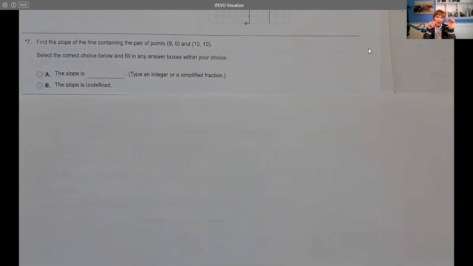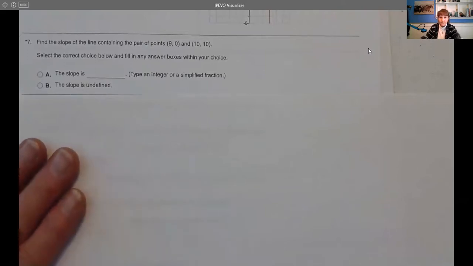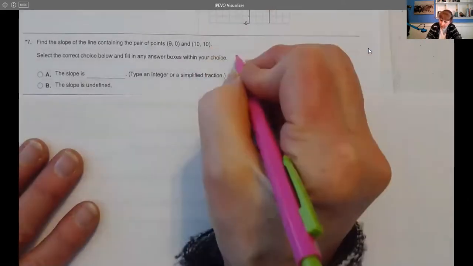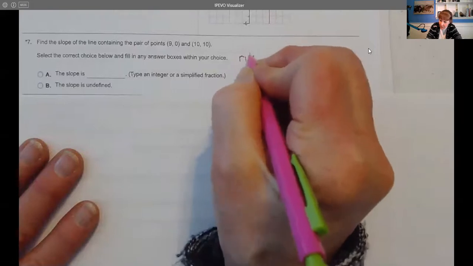The graph is kind of nice. You just count the blocks, the rise over the run. Well, in order to find the slope given 2 points of your line, we're going to use an equation, and it's basically the same as counting the blocks. Now, we know from the graph that in order to find the slope, you take the rise over the run.